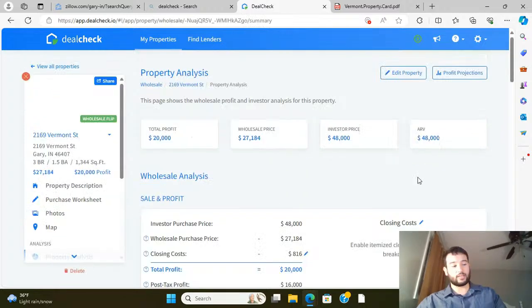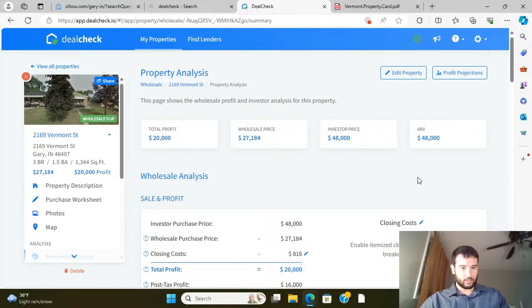Again, we're back to that current value, but let's see what kind of property. And I actually did this as a wholesale, right? So if you were going to purchase this property, let's say you wanted to wholesale this property. That's kind of what I picked here anyways. You guys are looking to buy and rent it.